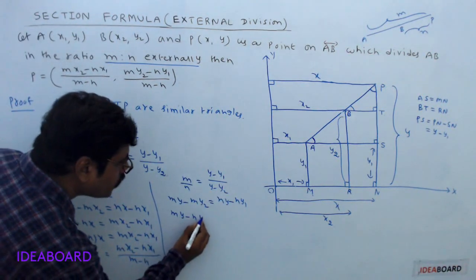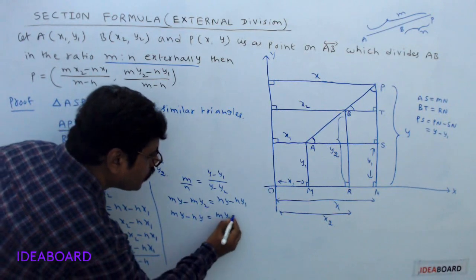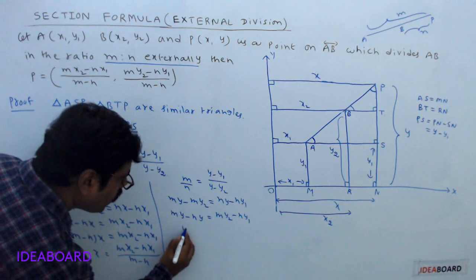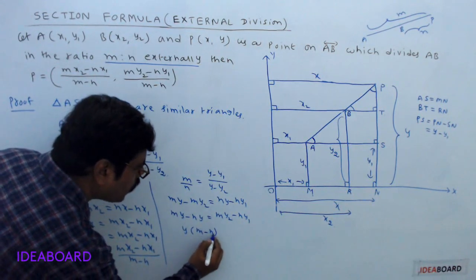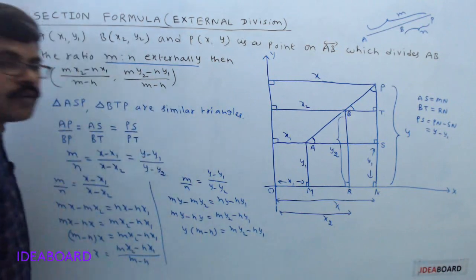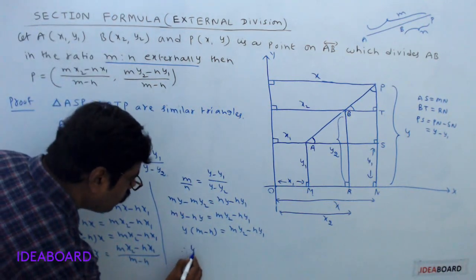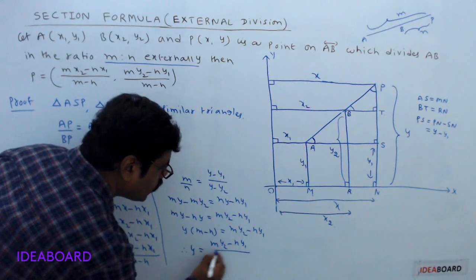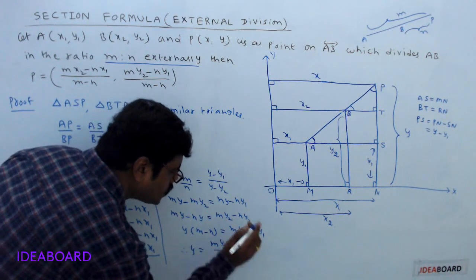So my minus ny equal to my2 minus ny1. Now y is the common factor. Y into m minus n equal to my2 minus ny1. So therefore y is my2 minus ny1 divided by m minus n.